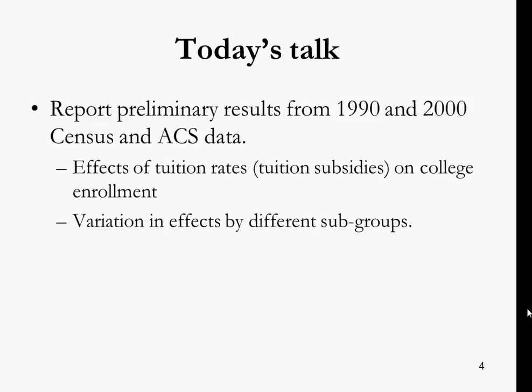I'll also explain what the data is in the census and the ACS in terms of what you know about college enrollment. We do not, for example, know exactly what college you go to, which we would in the administrative data. And then we look at different subgroups and see whether there's any heterogeneity in the effects.